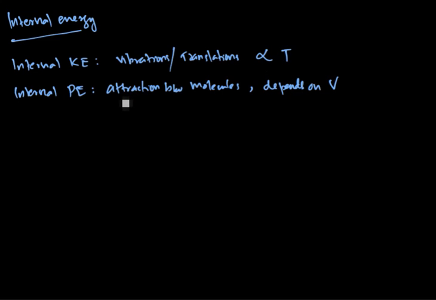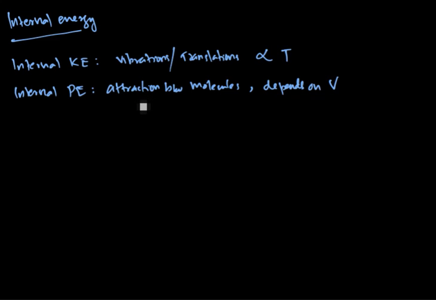So if you consider an ideal gas, we know that the intermolecular attraction in an ideal gas is zero. So the internal potential energy of an ideal gas is always zero. So an ideal gas possesses only internal kinetic energy. If you consider a gaseous system, the different atoms or molecules are in random motions in random directions with all possible velocities.